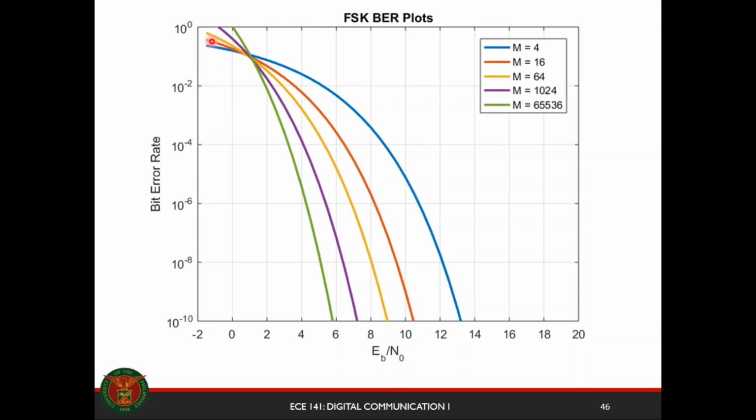It will actually just be a step function as M approaches infinity. Anything below that, your bit error would just be unpredictable. Anything beyond that, you'll get 0 bit error rate. So this will be relevant as we go along the course. And that's the end of this lecture.